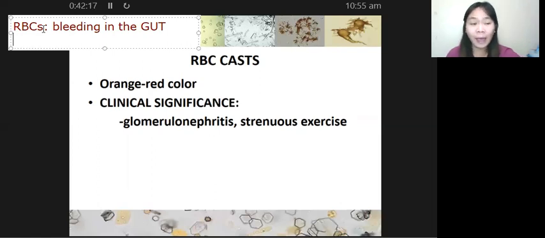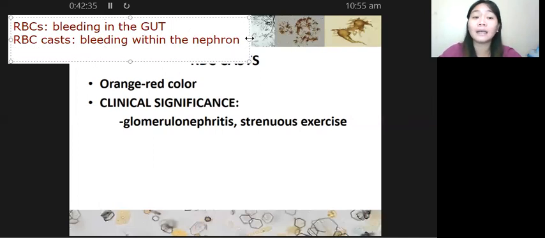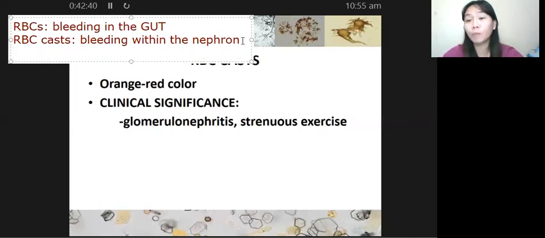Ayan. However, if we are talking about Rbc casts, okay, eto na. If we are talking about Rbc casts, this indicates bleeding within the nephron. Okay, so ibig sabihin, class, pag nakakita ka ng Rbc casts, sigurado na ang problema mo ay kidneys and not any other organ of your genitourinary tract.